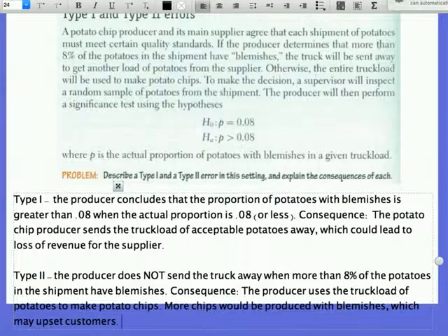So type 2 in this case would be if you were eating a bag of chips and you got that nasty chip that looked like it was like a big hunk of dirt or like it was cooked too long. And so that would be an example in this case of type 2.